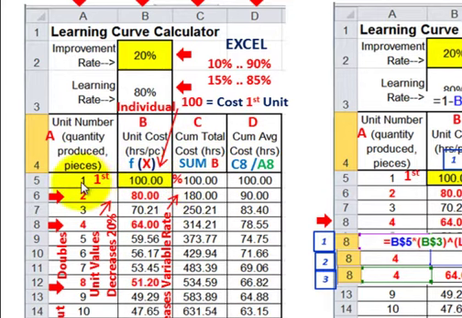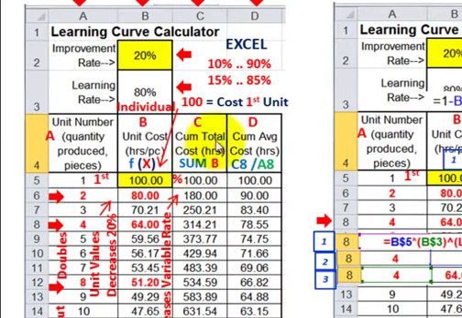So if we start out with row 5, we start out with 100, our first unit, the cost of the first unit, we're just setting at 100%. So the cost of the next unit would be 80 from B, so we just add that to our 100, we come up with 180, and then for the next cost, we take 180, add the 70.2 to it, and come up with 250.2, and so forth.